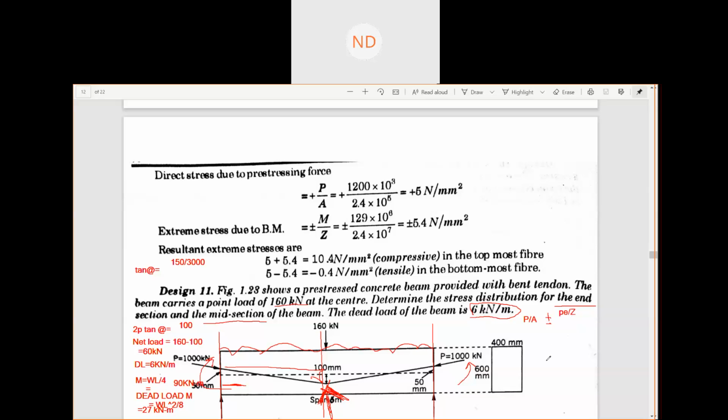Okay, now calculate your total stresses at the end section. P by A: P you know, P was 1000 kilonewton. Area you know, the section is given 400 by 600. PE by Z, we know the eccentricity. Calculate and tell me the stresses at the end section. At this end section, what is the top fiber stress and the bottom fiber stress?